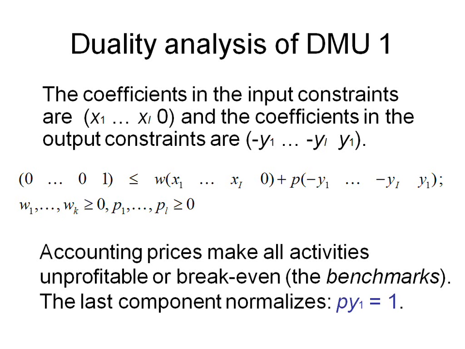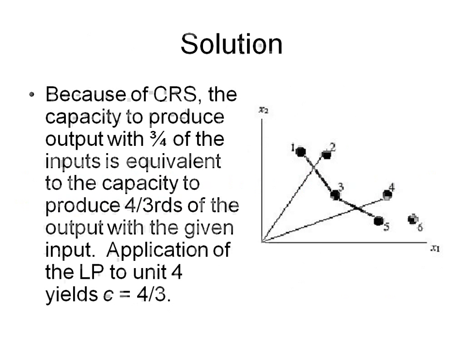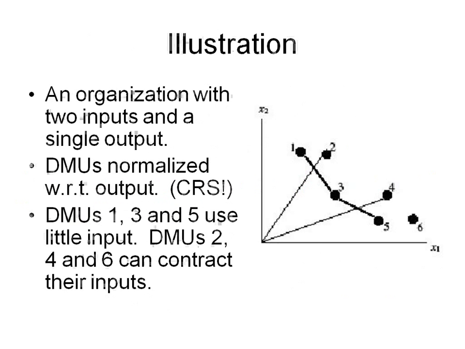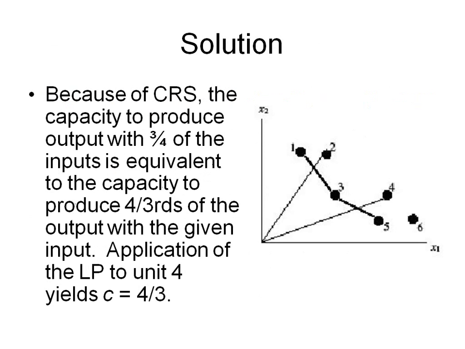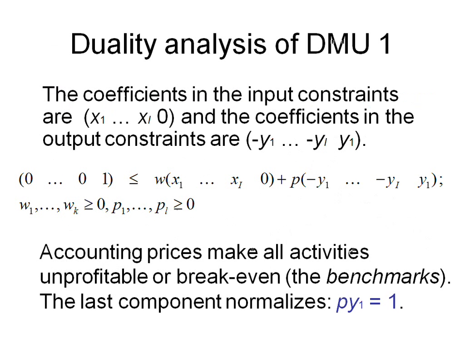We do have non-negativity constraints, which may be binding. Namely those intensities, right? They may be binding. As in the previous example, I've shown that, there were two benchmarks and the other ones were 0. So we have to add those non-negativity constraints. And this is a good exercise because now you can see how you do it.